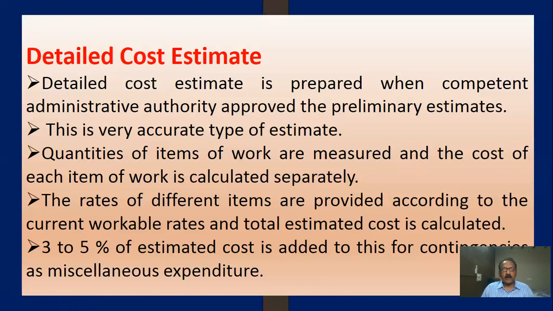Quantities of items of work are measured, and the cost of each item of work is calculated separately. What are the general items of a structure? Suppose an RCC building is there. After leveling, the first item is excavation. The second item is PCC bed under footings or basement.